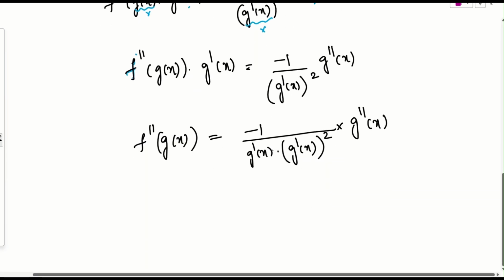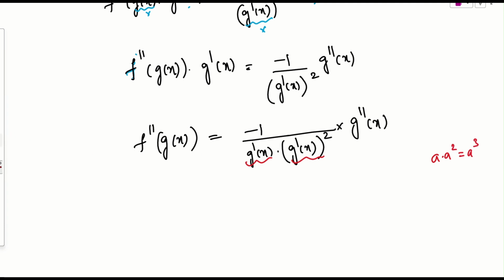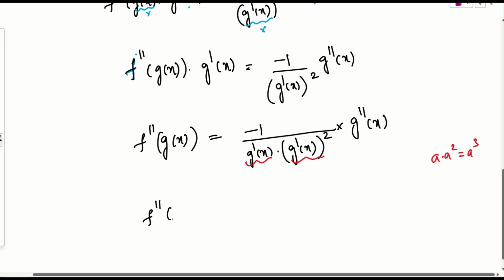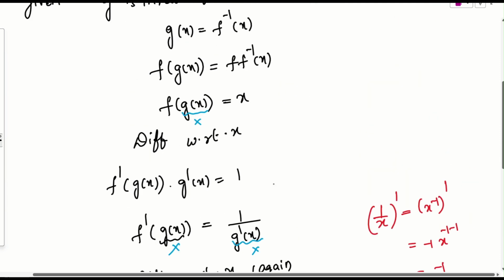Are you getting my point? This is in the form of a into a square. What is a into a square? Which is nothing but a cube. Is it okay? So now let us continue. f double dash of g of x is nothing but minus 1 by g dash of x the whole cube, times g double dash of x. Nothing I have changed. Is it okay?